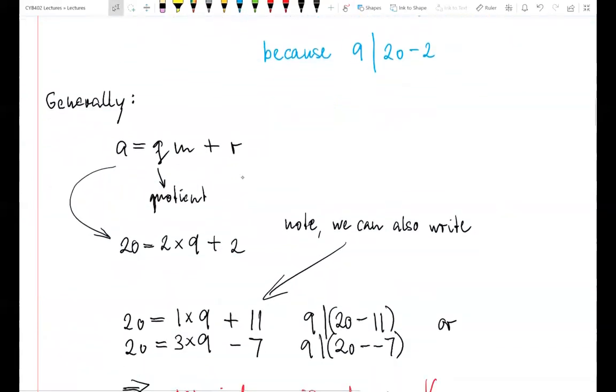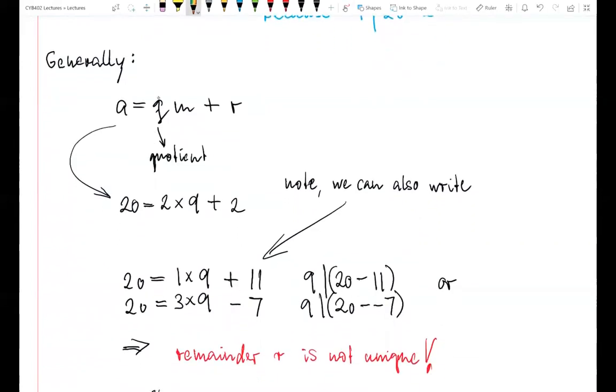So let's apply that thought of the quotient that we actually do not need, but let's consider it for a second. What happens if we play around with that quotient here? We said before, that's what we have been covering, 20 equals 2 times 9 plus 2.